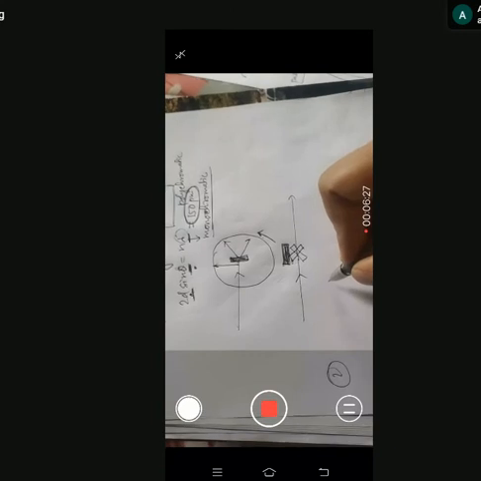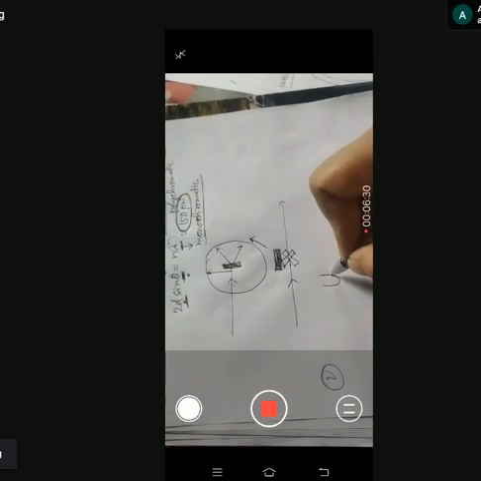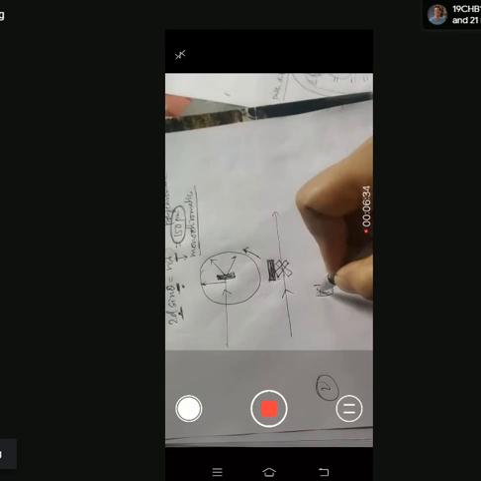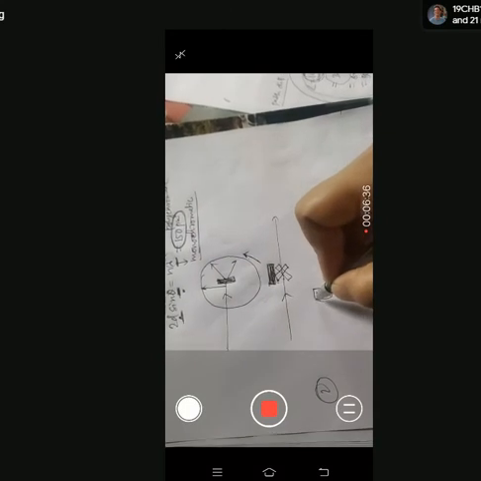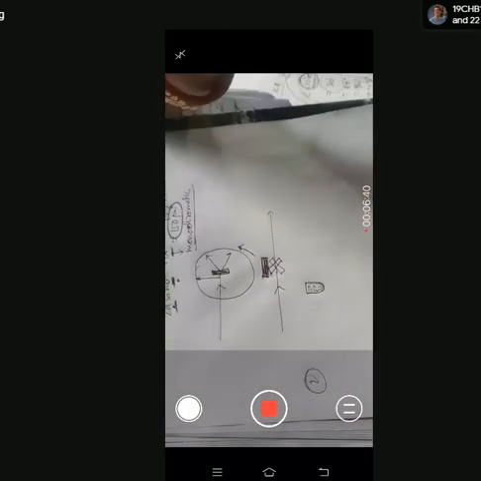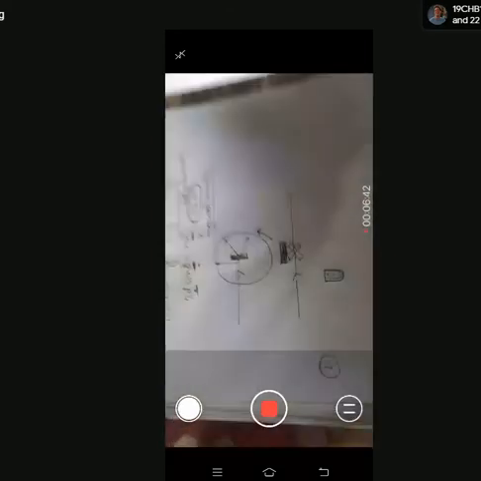Now we take the powder in a glass tube, this way. This is called the powder method, and the figure is like this.